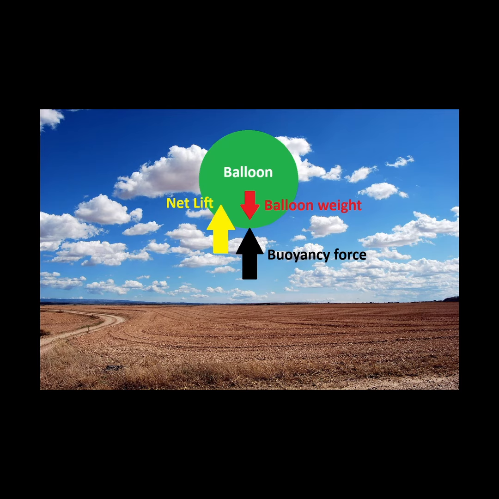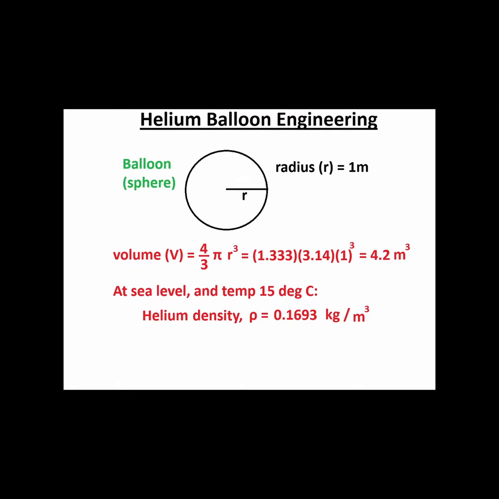The actual net lifting force that the balloon experiences is the difference between the buoyancy force and the total weight of the balloon, its contents, and its payload. For example, let's fill the balloon with helium gas, which is lighter than air. Helium has a density 7 times lighter than air.